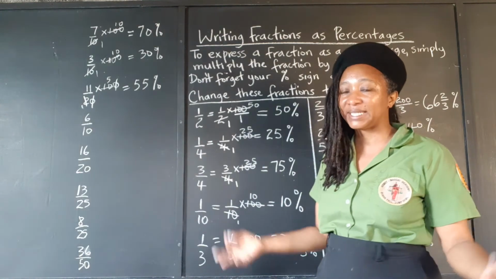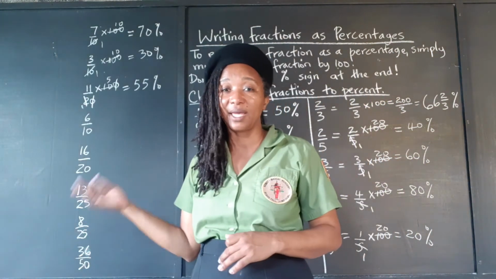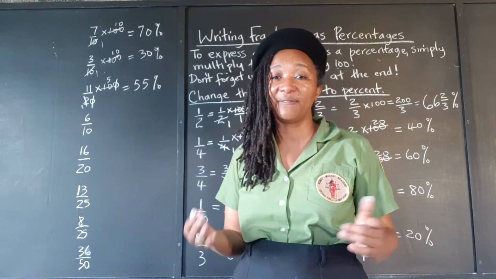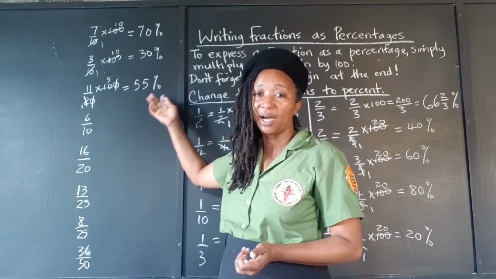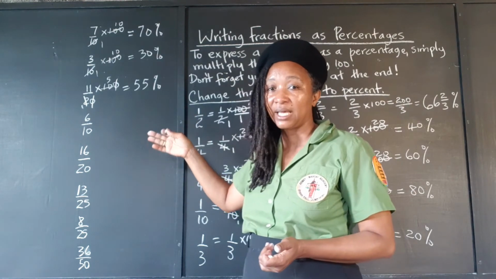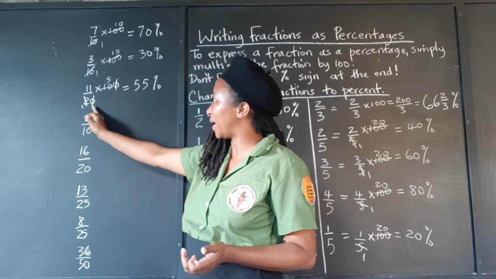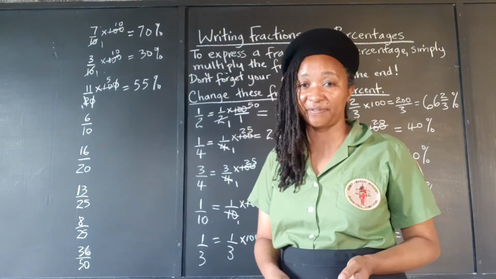If you have 20 things and you give away 11 of them, you have given away 55%. And how much percent do you have left? You would have 100, subtract 55, you would have 45% left as a percent. In actual things, how many actual things do we have left? 20, take away the 11, you would have 9 things left.